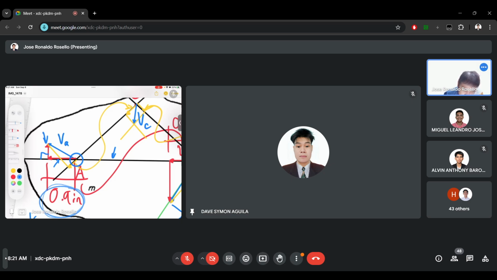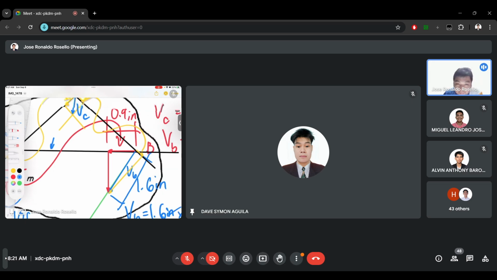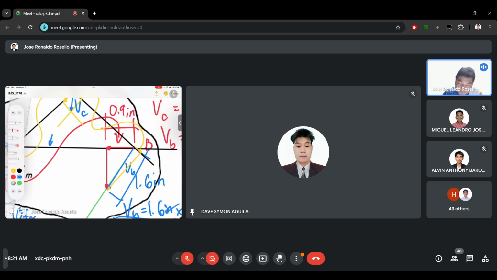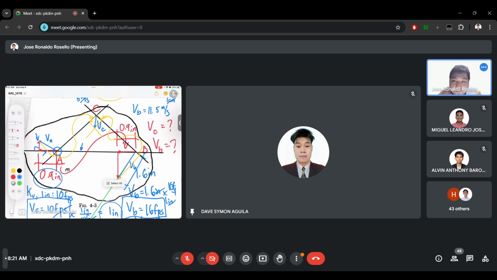Then kinopya ko pa dito sa point B para magamit ko siya sa point B. Mas nagets ko siya ngayon. Nasagot ko ba ikaw, Alvin? Yes po, sir. Thank you po. Thank you din sa pagtatanong. Gusto ko, natututo kayo.